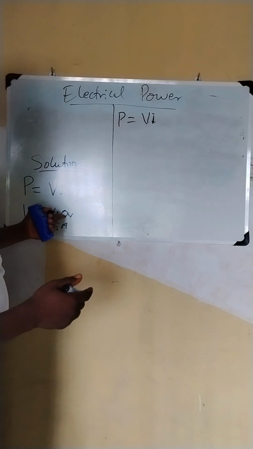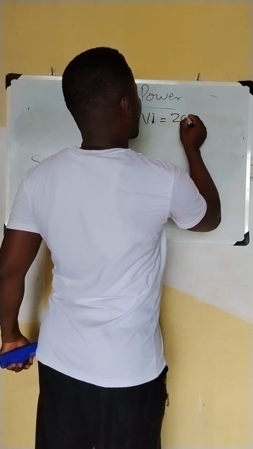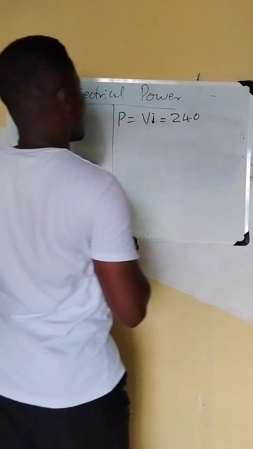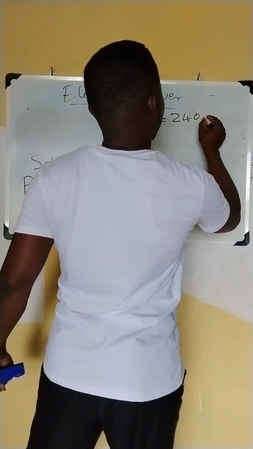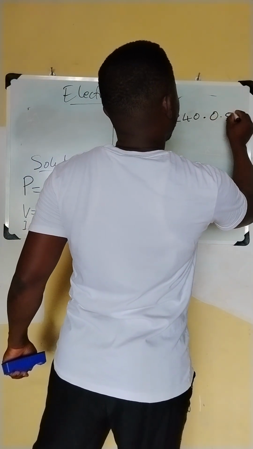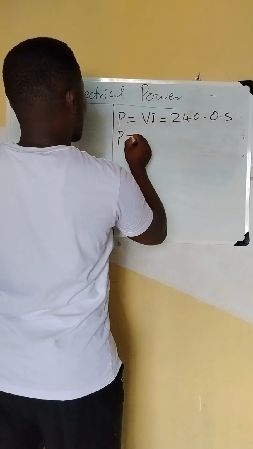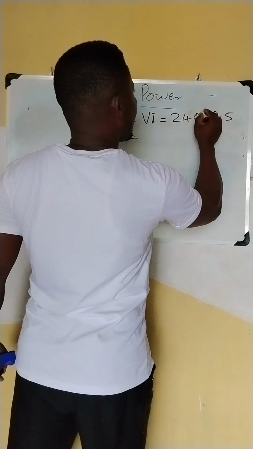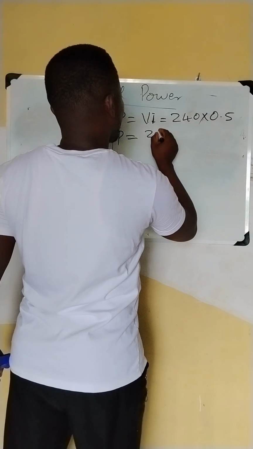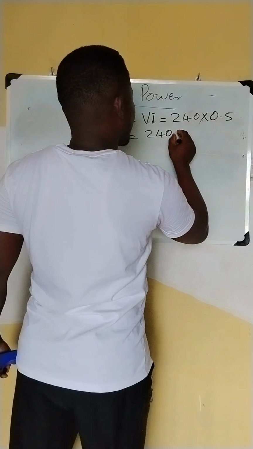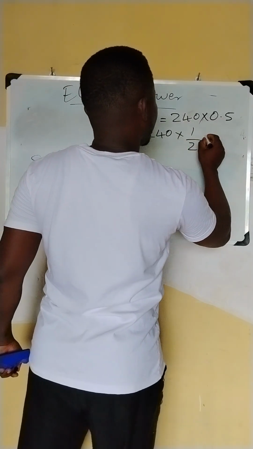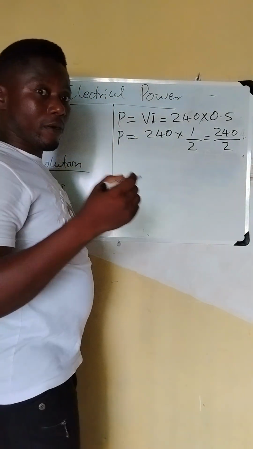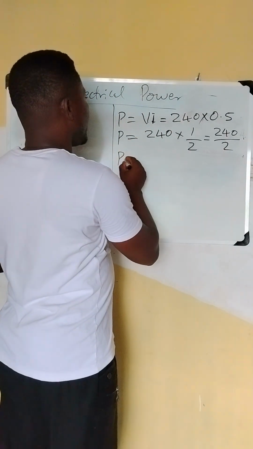Then V is given as 240 volts, so P is equal to 240 volts multiplied by 0.5 amps. You know that 0.5 is the same thing as 1 over 2. So you can write 240 times 1 over 2, which is the same thing as 240 divided by 2.